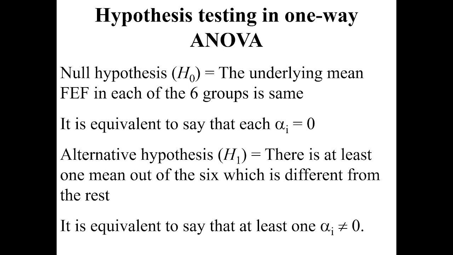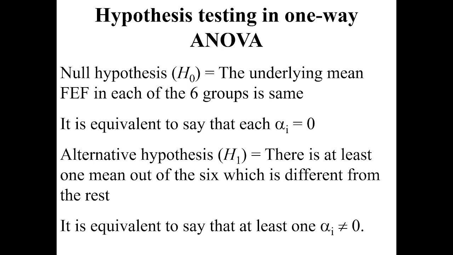Now, hypothesis testing in one-way ANOVA. What is the null hypothesis? You know by this time what a null hypothesis is. The null hypothesis here is that the underlying mean FEF in each of the 6 groups is the same. As in the T-test, we would have said the mean in the 2 groups is the same.